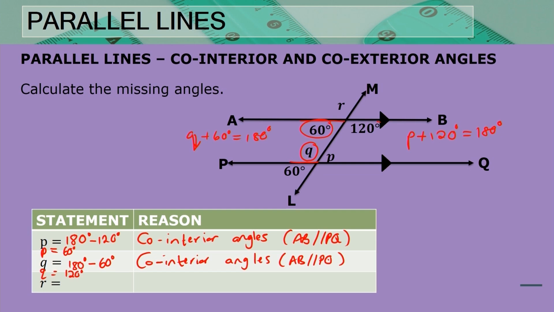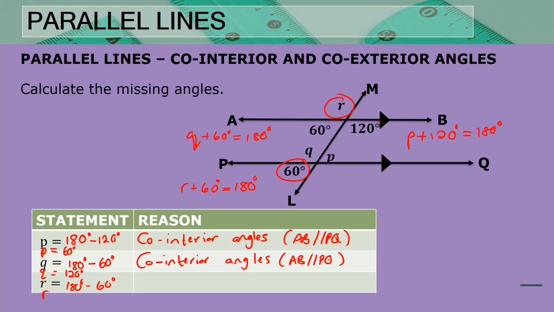And lastly, we have angle R. And if we look at angle R, it is co-exterior with the 60 degrees. That means that R plus the 60 degrees is going to give us 180 degrees. So that means that we can say 180 degrees minus the 60 degrees.